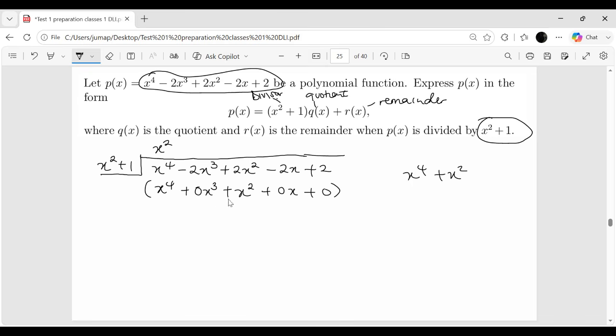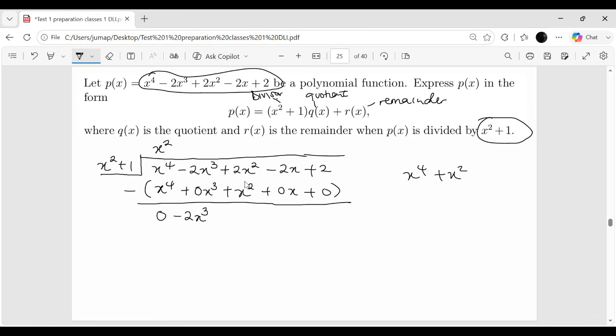So when I do this, I'm going to say minus, then what will start happening is that this one will start subtracting this one. So x to the power 4 minus x to the power 4, that will be 0. Then negative 2x to the power 3 minus 0x to the power 3 will just be negative 2x to the power 3.